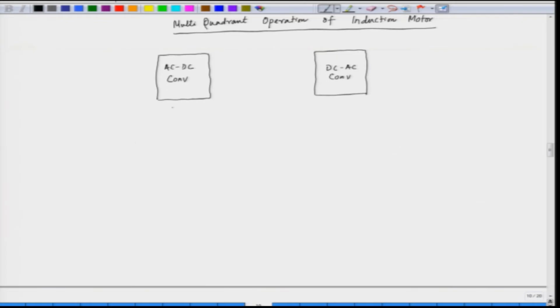We can call this converter 1, and this is called converter 2. Now, these two converters are connected on the DC side, and there is a DC link capacitor here, and this voltage on the DC side is VDC, the DC link voltage.